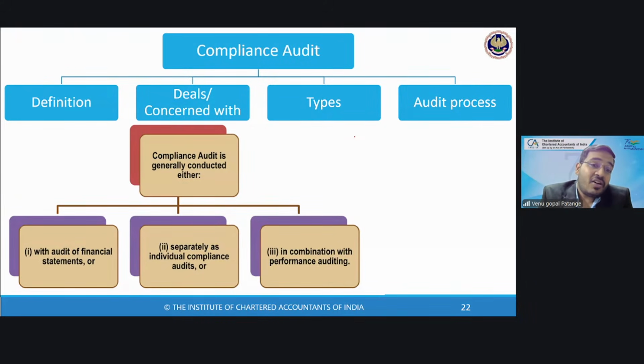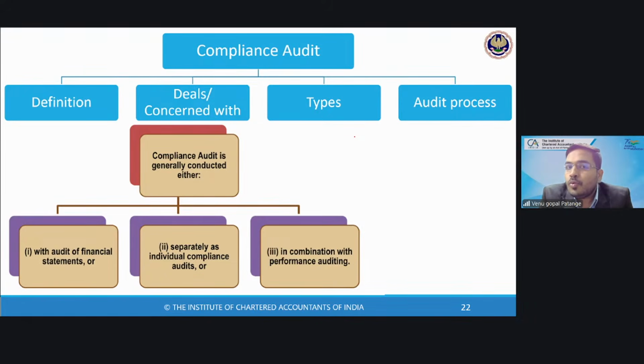When compliance audit is done along with financial audit, what is the auditing standard which deals with the need to comply with laws and regulations? SA 250.